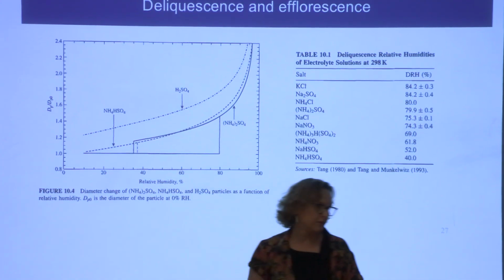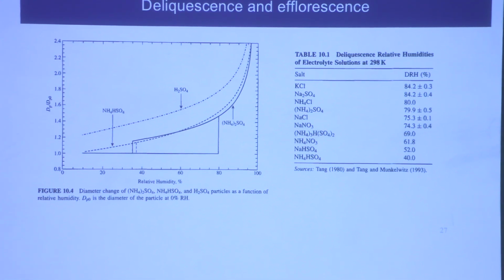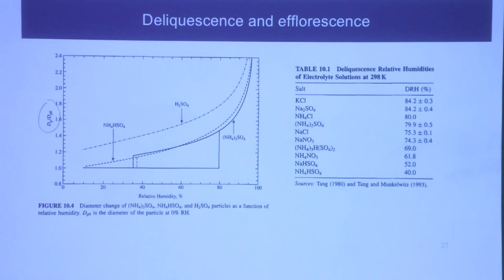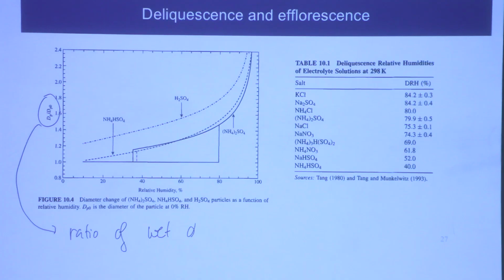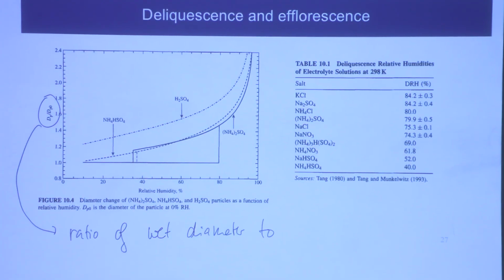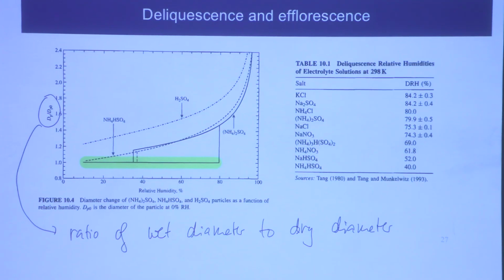So the ratio of wet diameter to dry diameter, let's write this down, stays 1, meaning no water gets taken up until magically it hits the point of around 80% relative humidity, and then we have a jump, suddenly, water uptake, right?